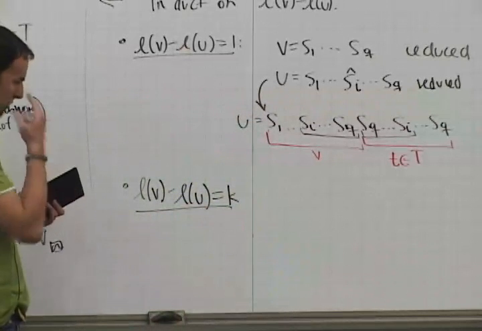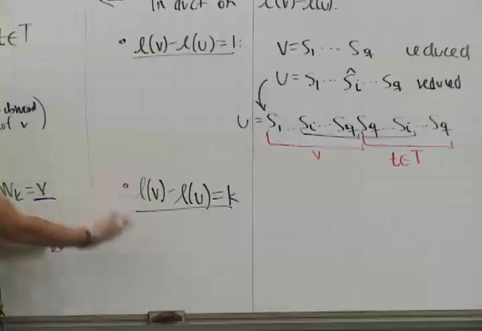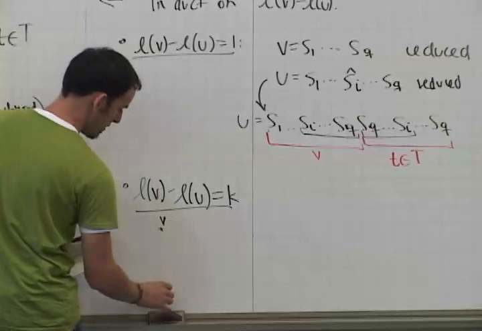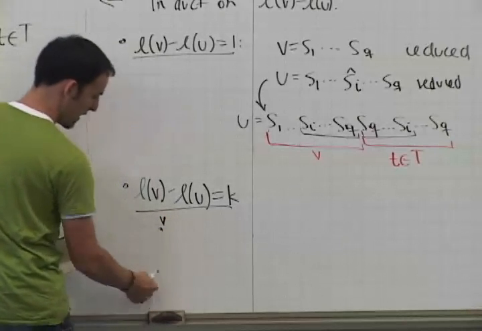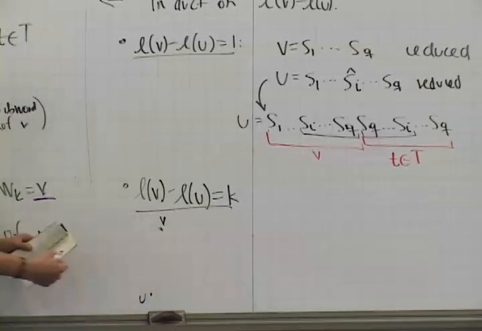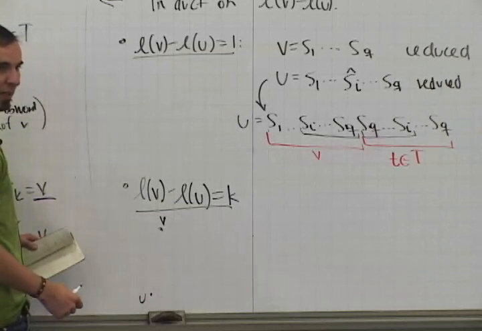Now, the mental picture you should have in mind is basically that my Bruhat order goes from shorter words to longer words. V is up here, U is down here, and the difference of length is K. I want to do an induction. And so to do an induction, I want to just find something in between that I can apply induction to.